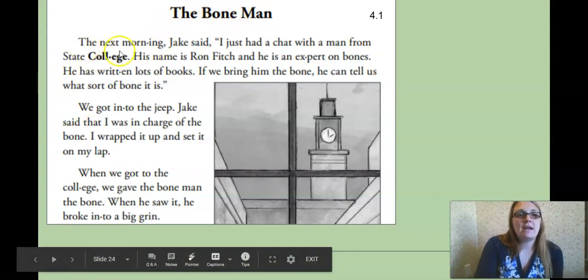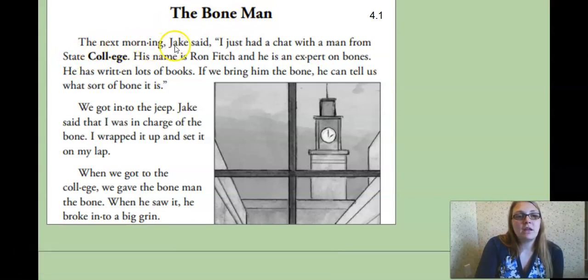The Bone Man. The next morning, Jake said, I just had a chat with a man from State College. His name is Ron Fitch, and he is an expert on bones. He has written lots of books. If we bring him the bone, he can tell us what sort of bone it is.